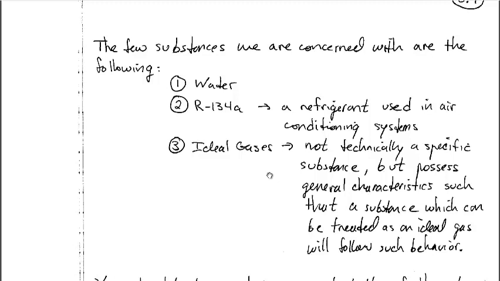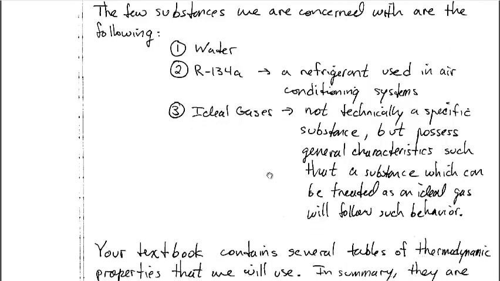And so that third class of substances are what we call ideal gases. What that means is that ideal gases have very specific and generalized behavior. So if we can classify a substance as an ideal gas, because it has generalized behavior, we can correspondingly determine the properties for that ideal gas.